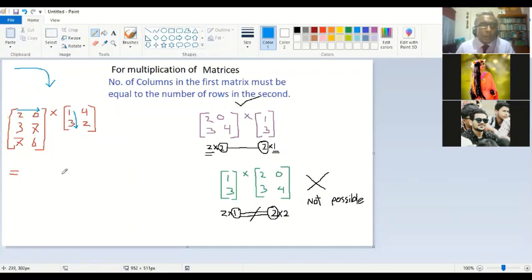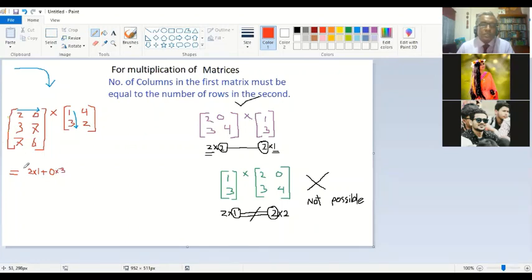Now you do the calculation like 2 times 1. That is first number into first number, then plus 0 into 3, that is second number into second number.